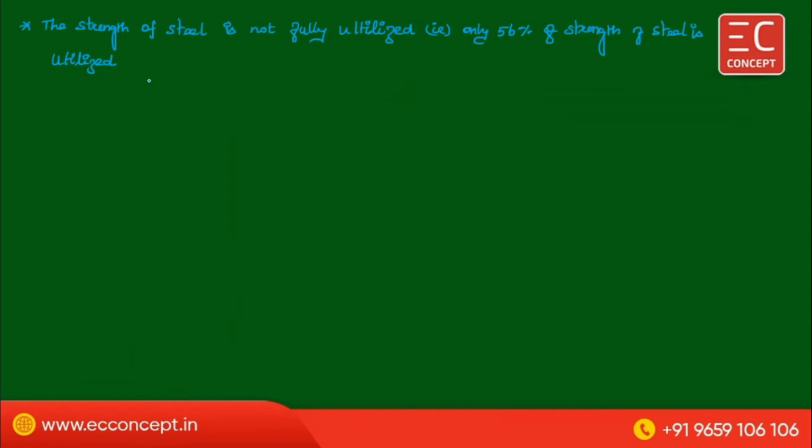The reason is, since we know that sigma st is the actual stress divided by the factor of safety. Sorry, this is 1.8, right? So that is 1 divided by 1.8, 0.55.